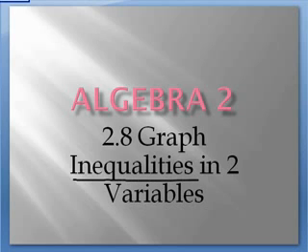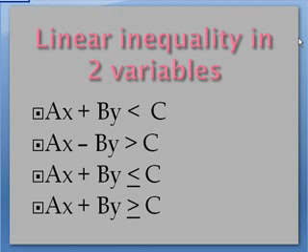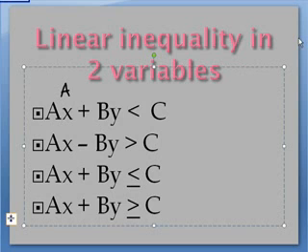So here are examples of what linear inequalities look like. You should recognize this form. This is standard form for the equation of a line, where we have ax plus by is equal to c.